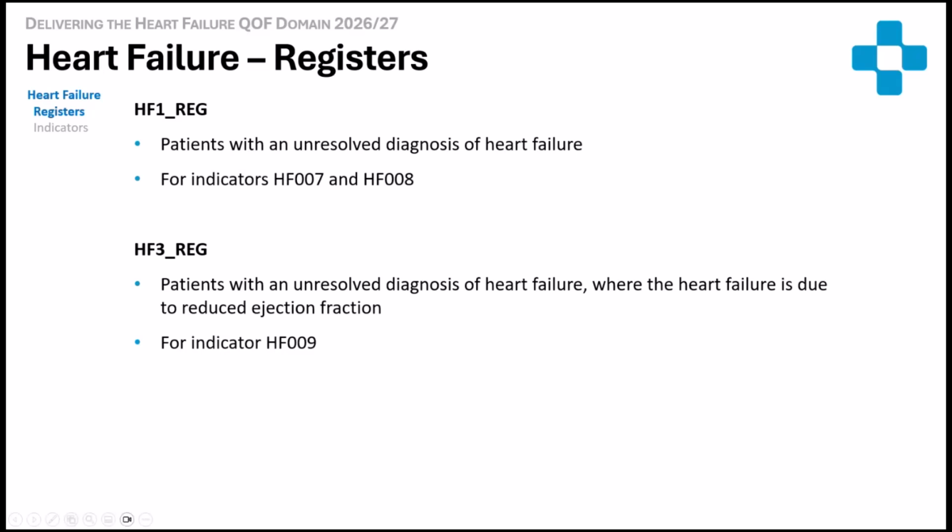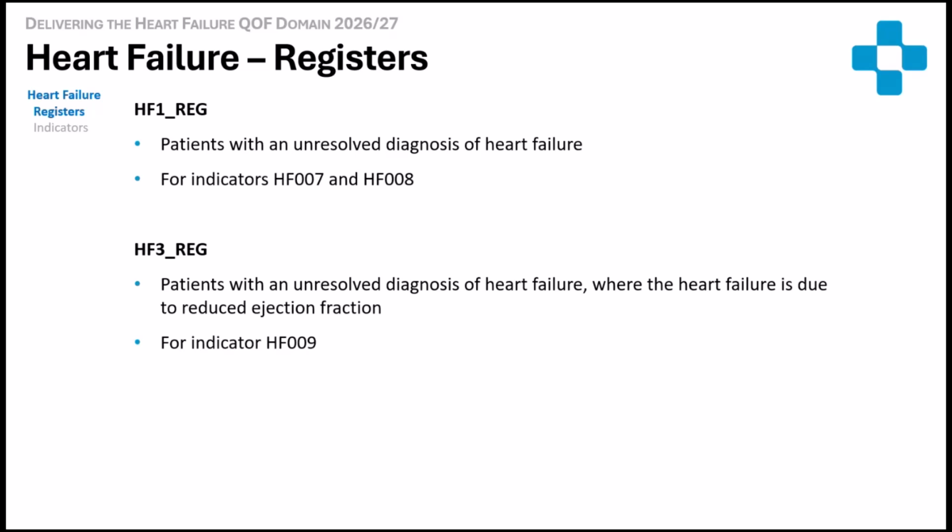We're going to start off by looking at the registers. Although you don't get paid for these registers, I think it is really important to understand what the criteria are that put your cohorts of patients together for these indicators. With the registers, you will notice that there are 2 different registers available. You've got HF1, which is looking for patients with unresolved diagnosis of heart failure, and this one is particularly for indicators HF007 and 008.